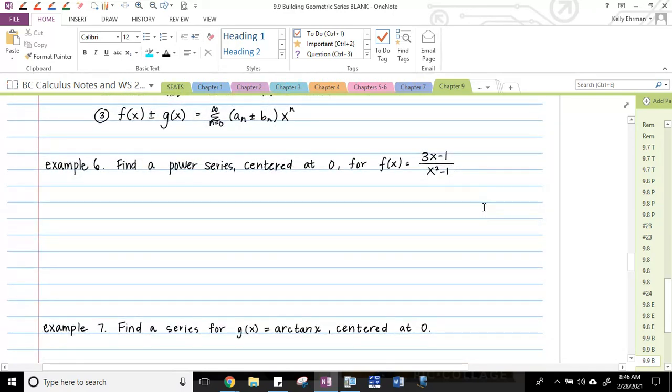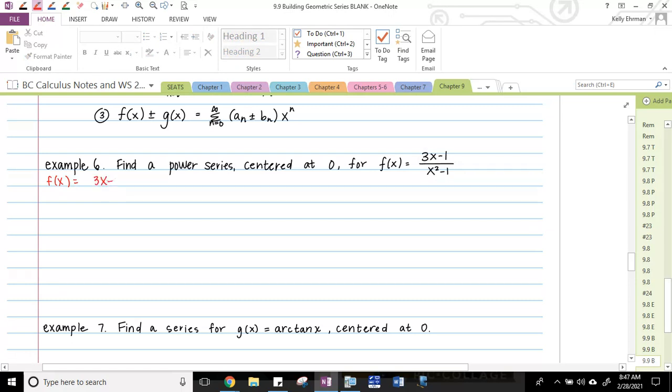All right, so find a power series centered at 0 for f of x equals 3x minus 1 over x squared minus 1. So for this one, if we're trying to use our building piece, let's rearrange things a little bit. On the first page, we had a monomial over a binomial. This is a binomial over a binomial, but the process still works.